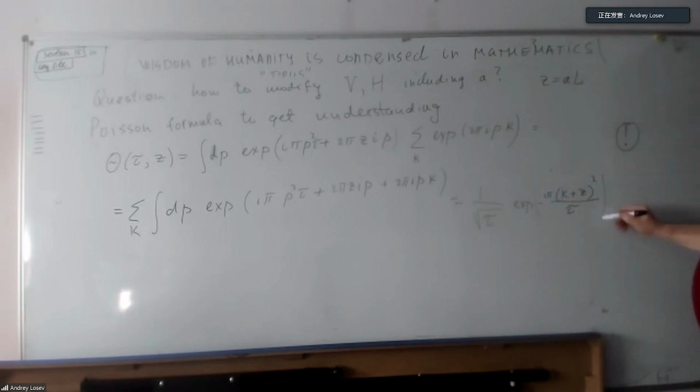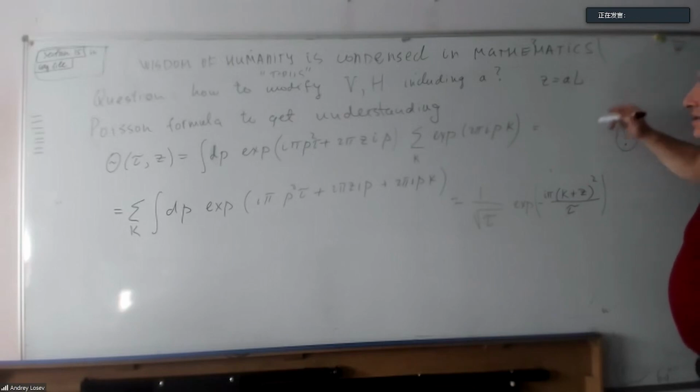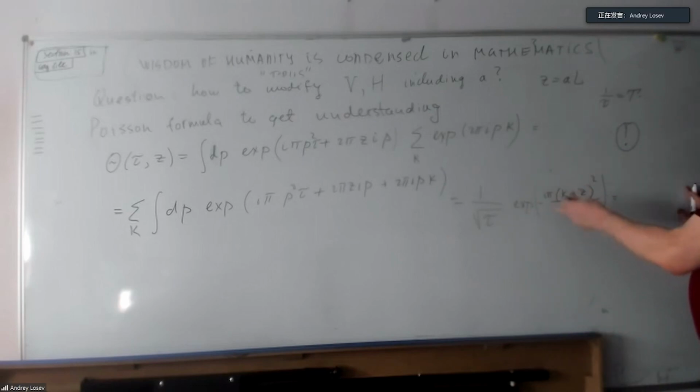Not as a mathematical formula, but as a hint. Remember that this tau was actually t. So 1 over tau here was t times something. So when I'm doing this formula, I have the following thing.